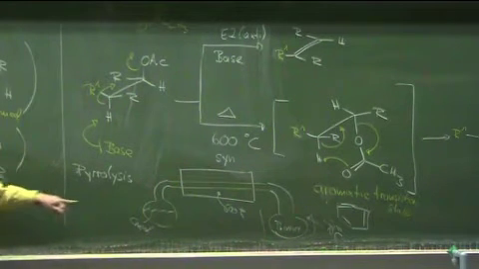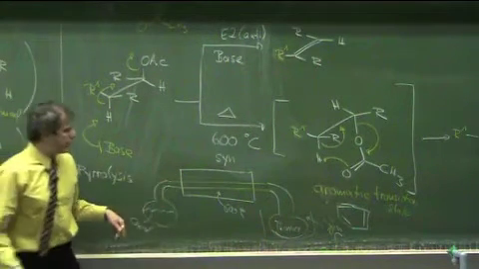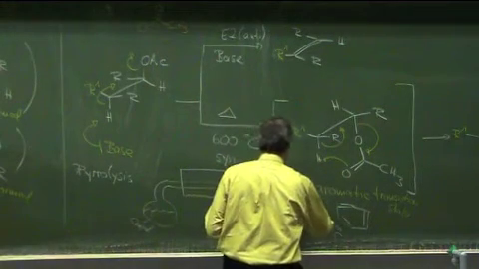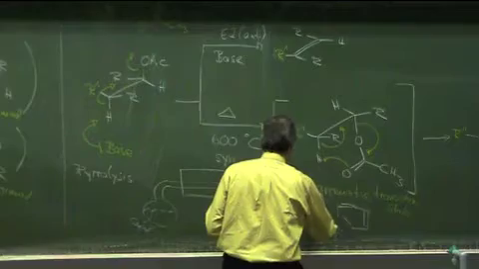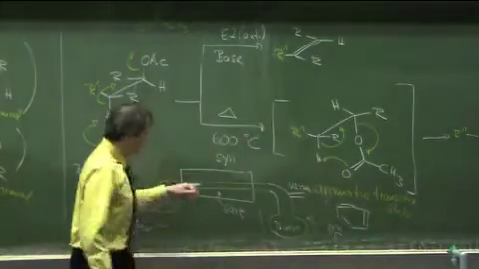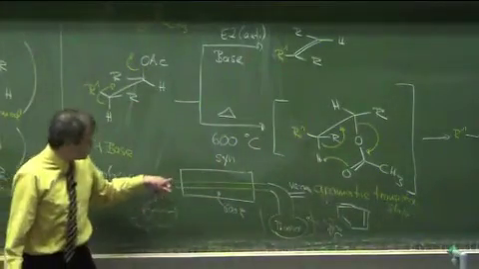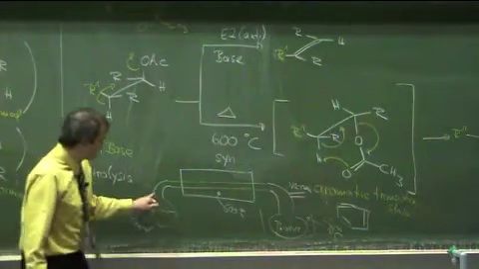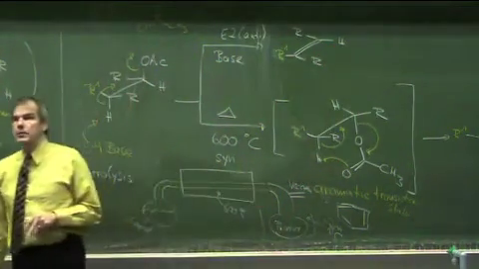And now what you do is basically very slowly you put on a vacuum line here, and you very slowly sublime or distill your compound through this tube here.